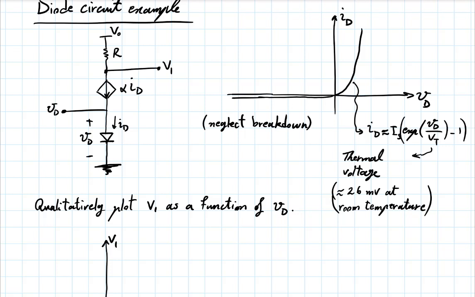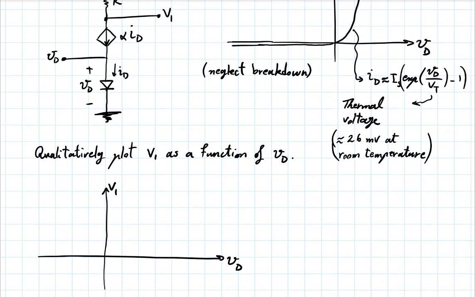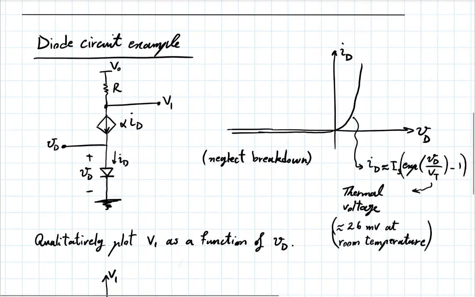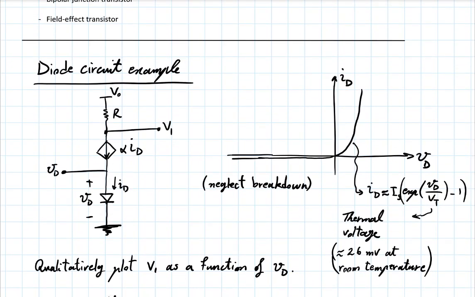It doesn't matter. It won't make a substantial change to this analysis. So if VD is a negative value, somewhere here, the diode current is going to be what? Almost 0, right? An extremely small reverse saturation current. So more or less 0.